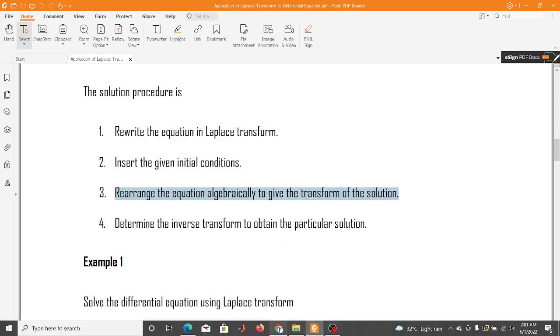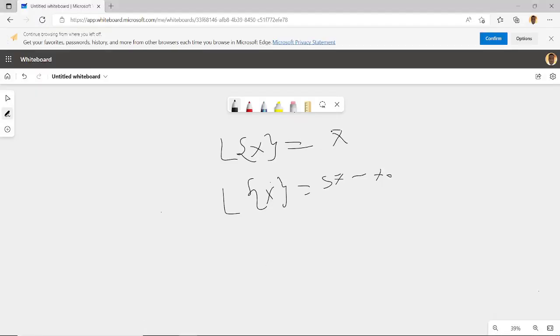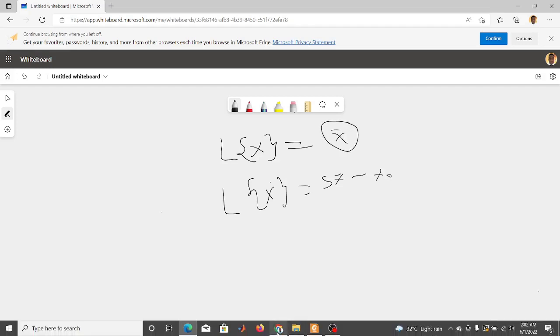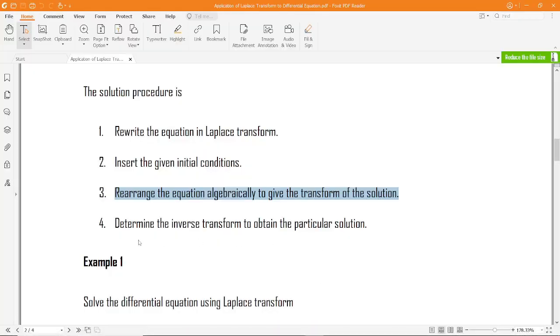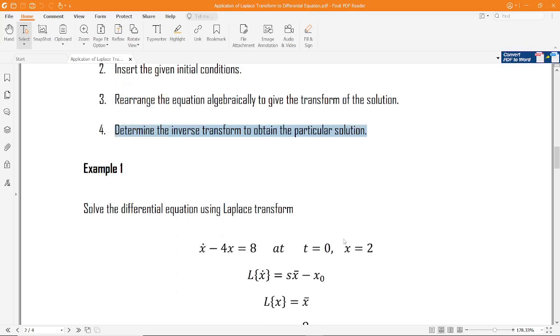The goal is to make x bar the subject so that you can solve the Laplace problem. That is why you need to rearrange. After you have made x bar the subject, you find the inverse, just like we did in Laplace inverse transform. Now, given this first example, we are told to solve the differential equation using Laplace transform.